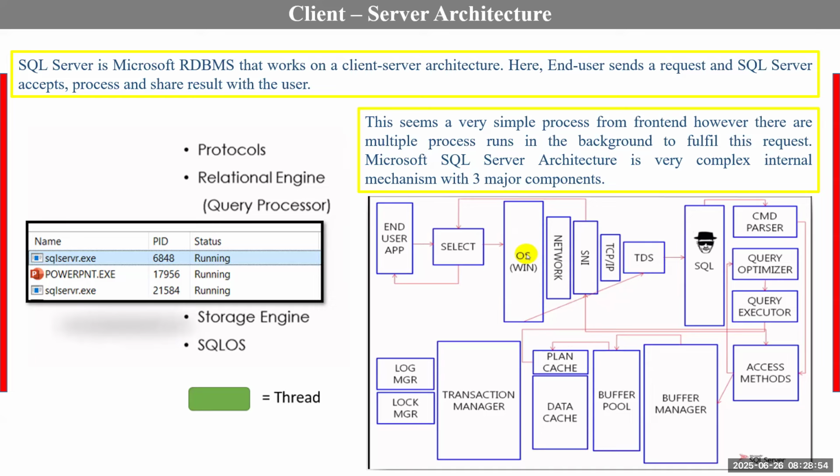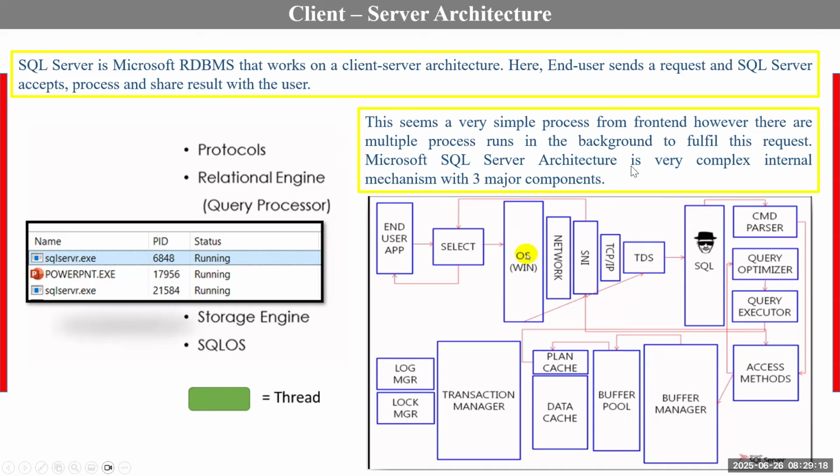But what is happening in the background is very, very important. There are multiple processes running in the background to fulfill this requirement. So many things are happening in the background, and that process we are learning now, sir.